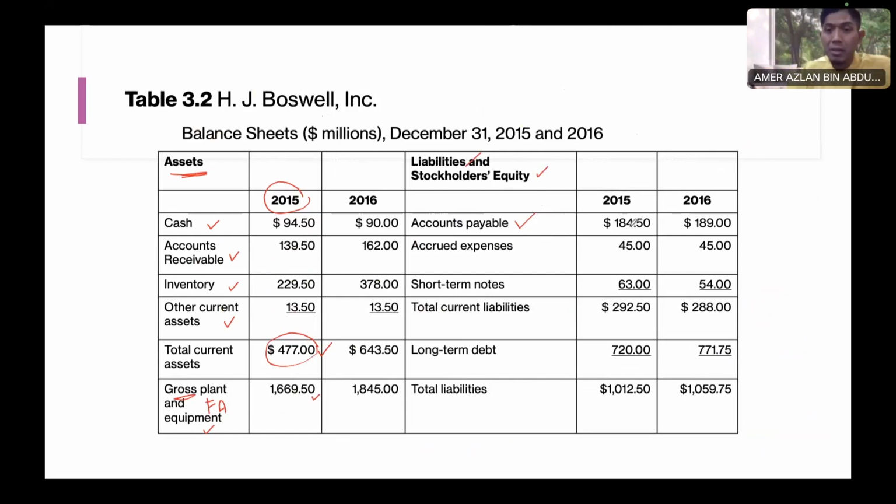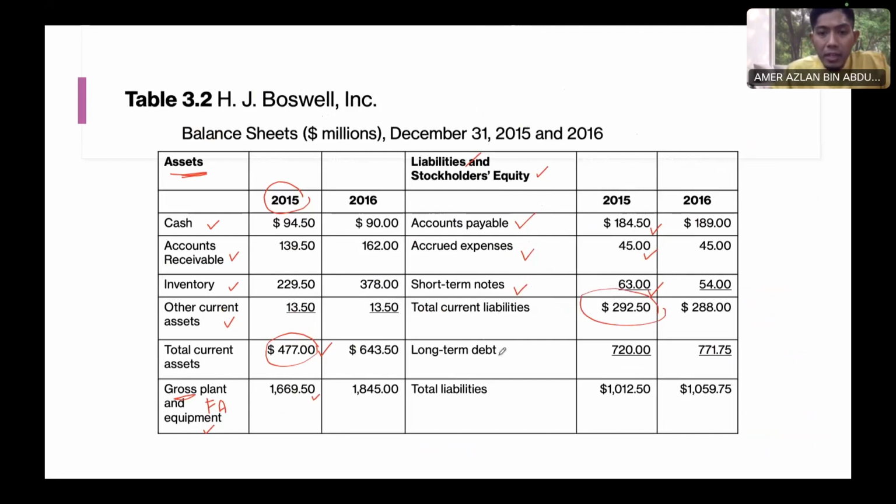It's around 184.5 million. The company also has accrued expenses around 45 million and other short-term notes or short-term debt, probably from the banks or other creditors, 63 million. So total current liability is around 292.50.